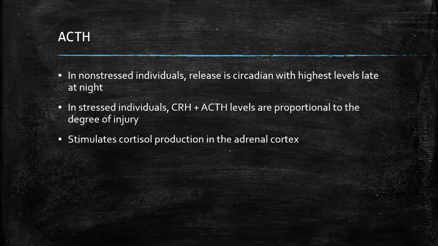And somewhat appropriately, the body responds to a proportional degree of injury. In other words, the amount of ACTH produced is directly related to the degree of injury. So a burn patient's producing a lot more than someone who has an elective lap chole, let's say. Ultimately, ACTH makes its way to the adrenal cortex and stimulates cortisol production.